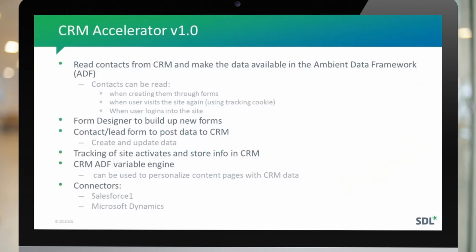We will also provide a simple form designer to create CRM forms to create and update data in CRM. For example, this can be used for user registrations, manage user profiles, etc. It is also possible to track activities of what the current user is doing on the site and store that tracking info in the CRM. This data can then be used to support the customer better, to do personalization targeting, lead scoring, etc.